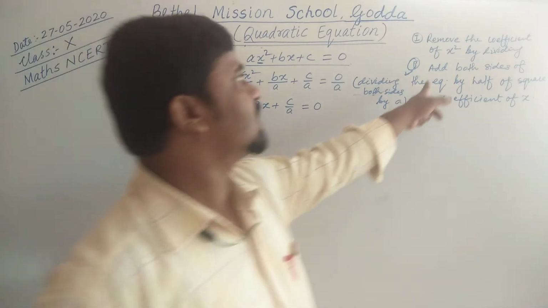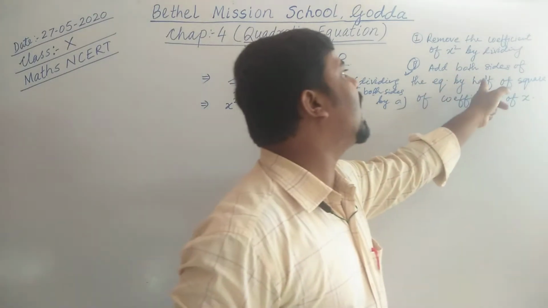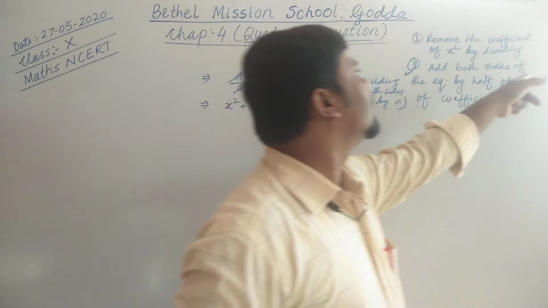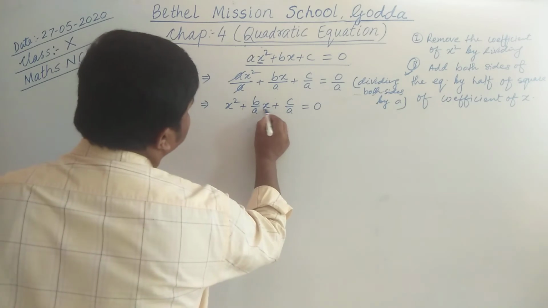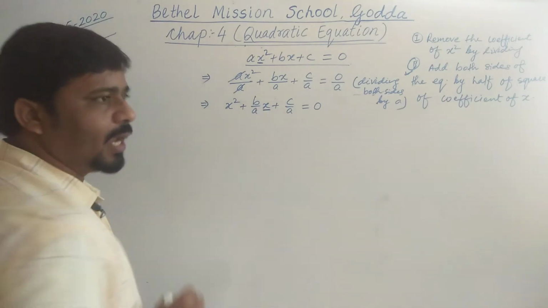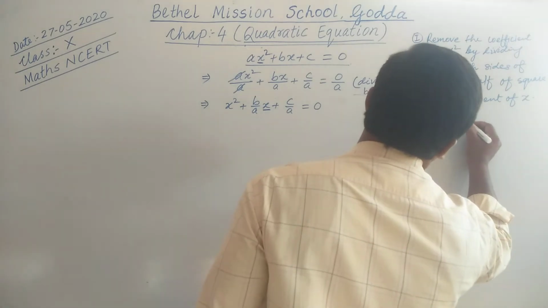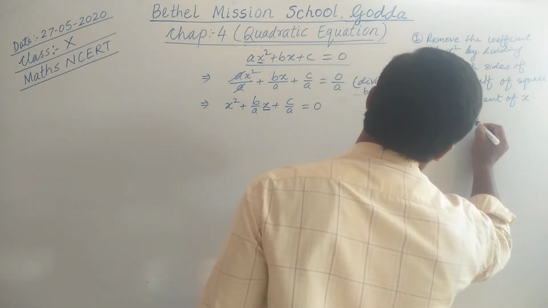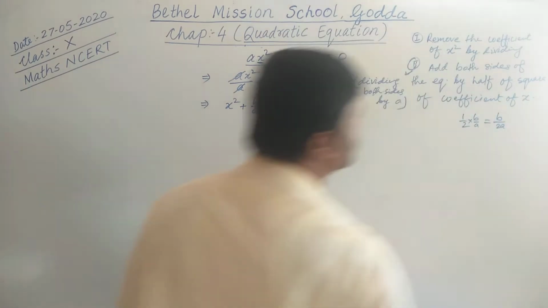Now we will apply the second one. Add to both sides of the equation the square of half of the coefficient of x. So what is the coefficient of x? B upon a. And what will be its half? Half of b upon a will be b by 2a.